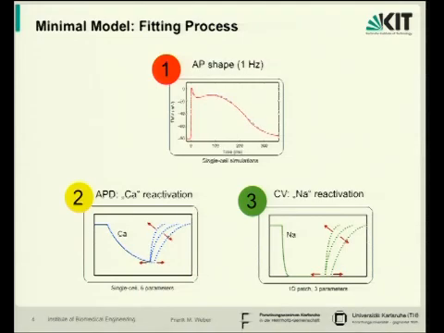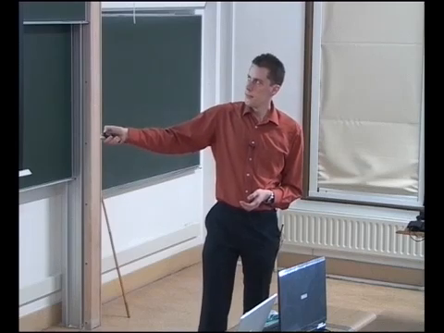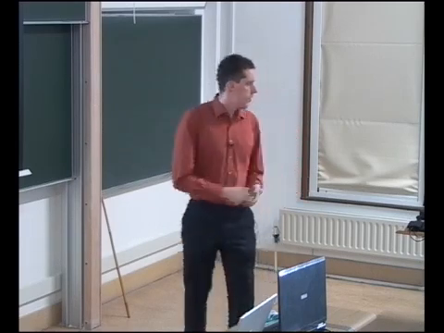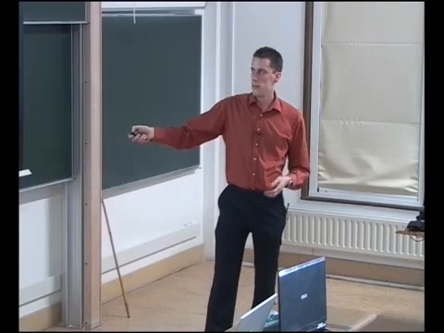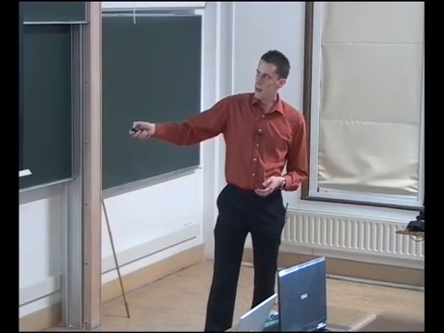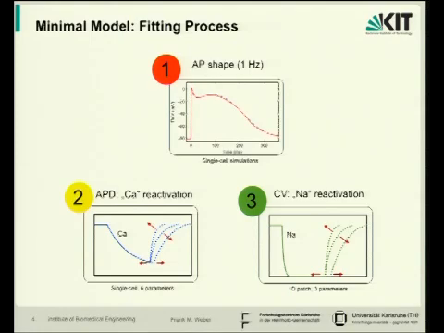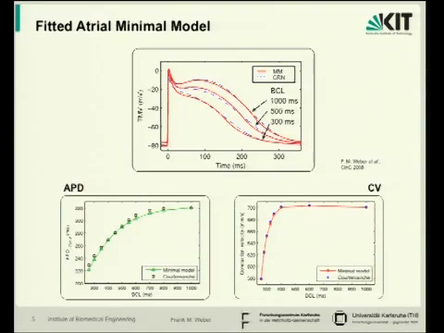Next, we took a selected set of just six parameters, which more or less control the APD restitution curve, like the threshold and the steepness of this restitution. And then finally, by just adjusting three parameters, you can tune what we call sodium reactivation, so also the steepness and the threshold.